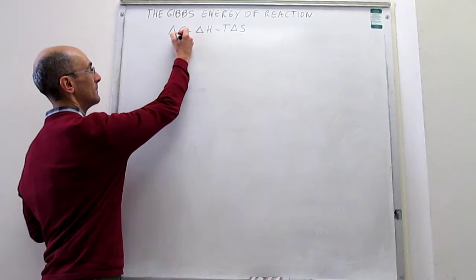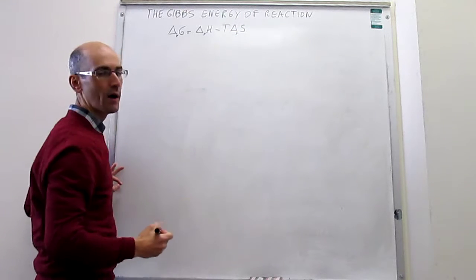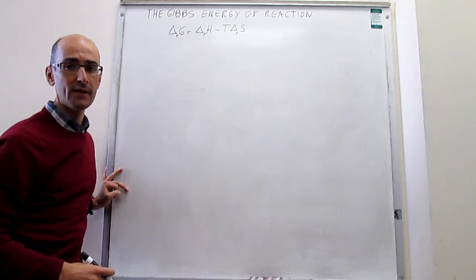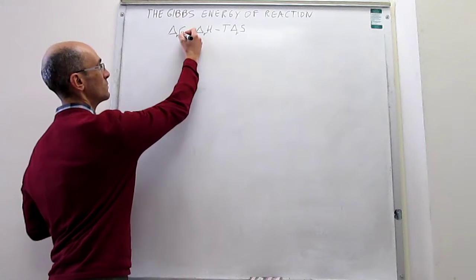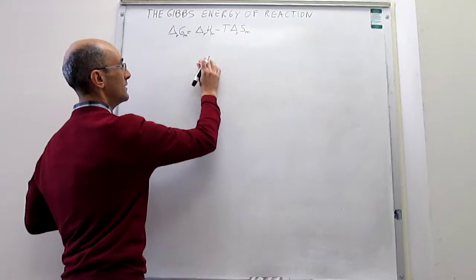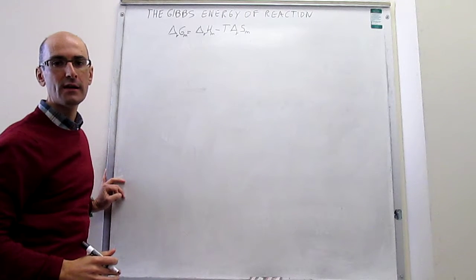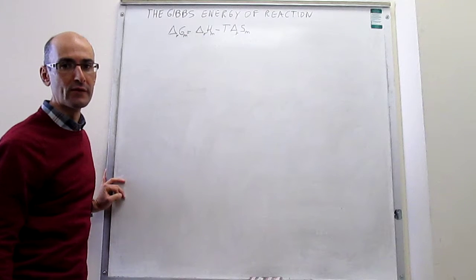Notice that in principle, for a reaction you simply write a subscript R to specify that you're looking at a chemical reaction. And then usually we're interested in quantities per mole, so these will be all molar quantities. The two ingredients that you need are the change in enthalpy in the reaction and the change in entropy in the reaction, but we have learned how to calculate both of these things.